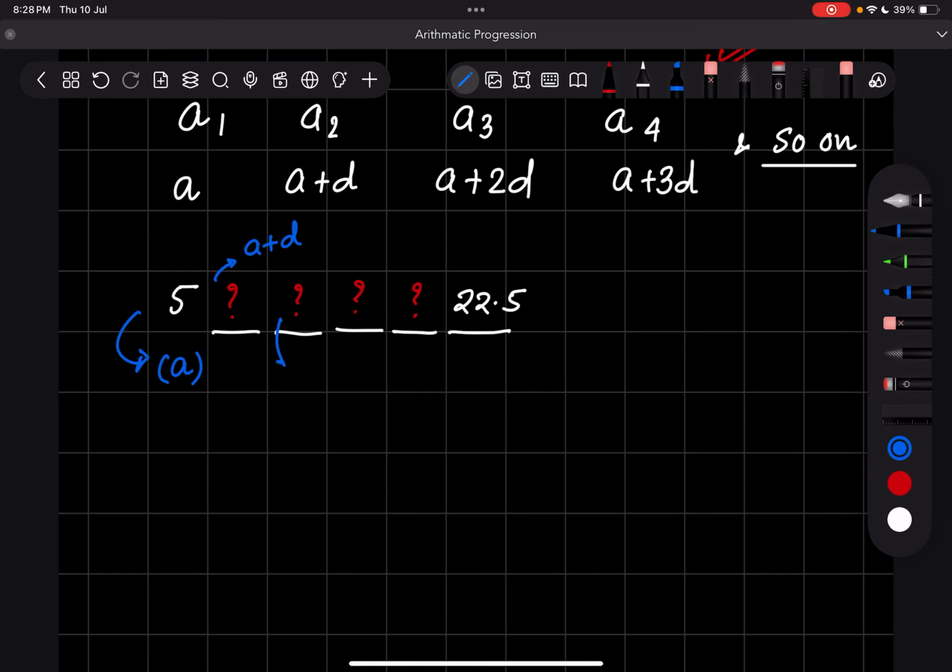The third number will be a plus 2d. Fourth number will be a plus 3d, and fifth number will be a plus 4d. And this is how we can say that the last number of this sequence, that is given as 22.5, will be equal to a plus 5d.